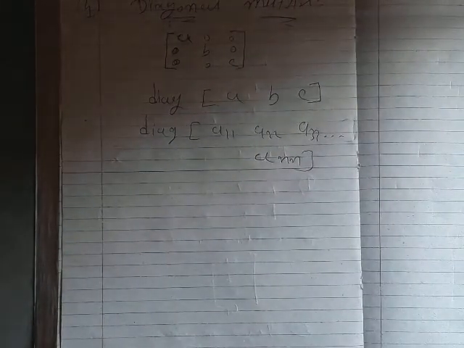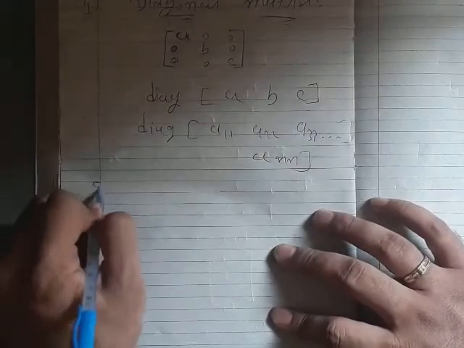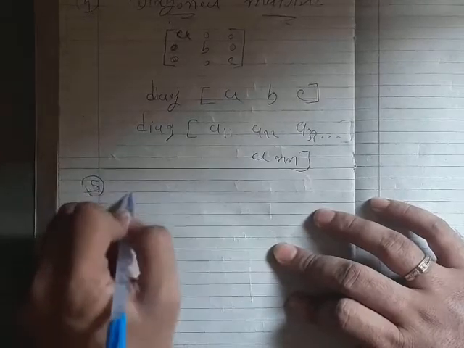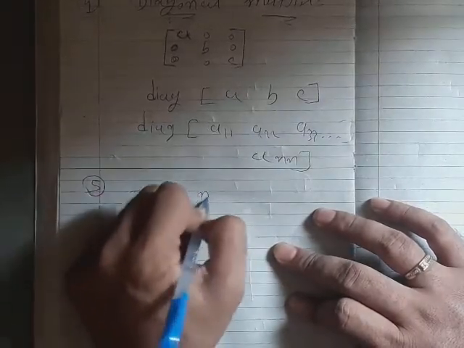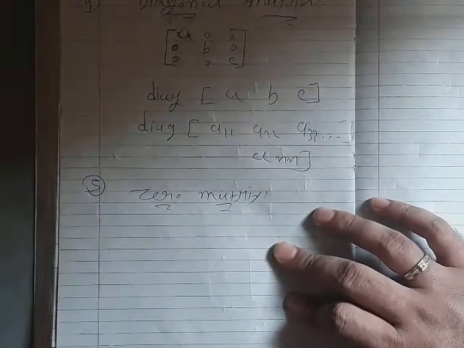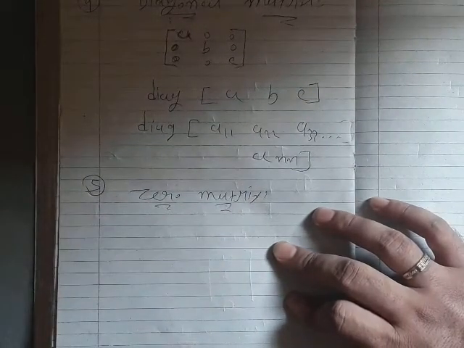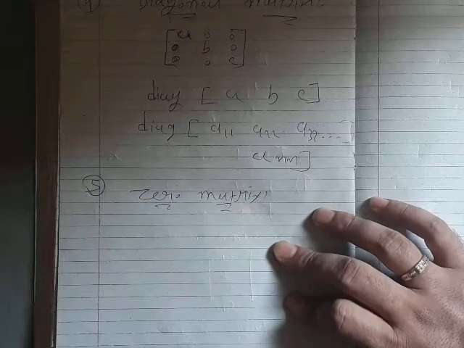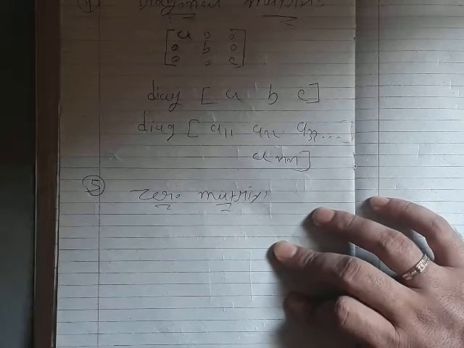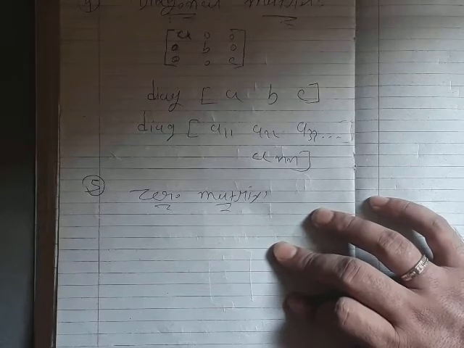Now the new type of matrix is called the zero matrix. What is a zero matrix? A zero matrix is nothing but a matrix in which all the elements are 0. It doesn't matter whether the matrix is rectangular or square.